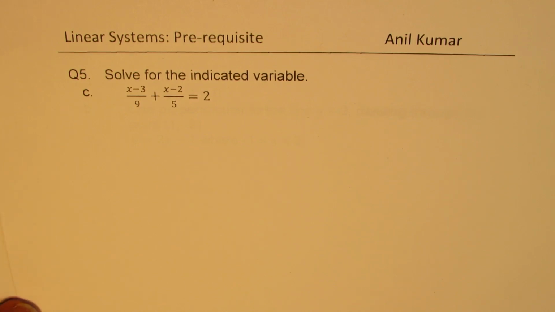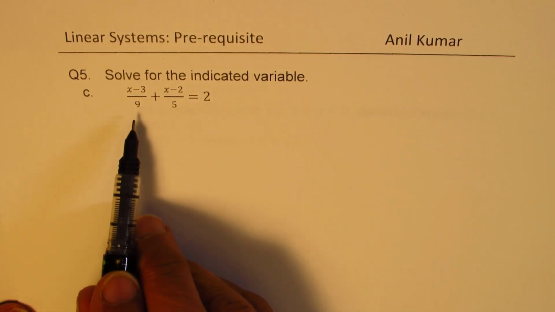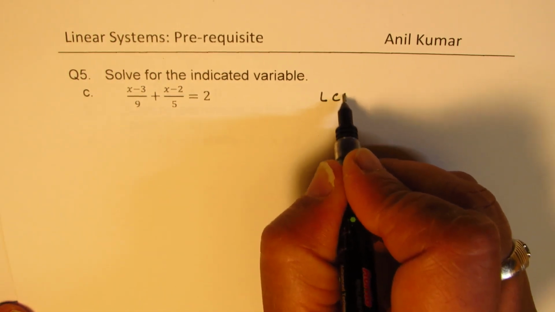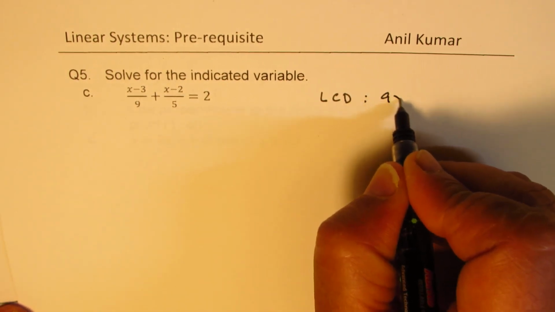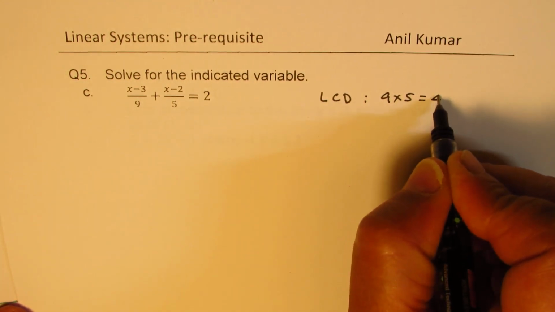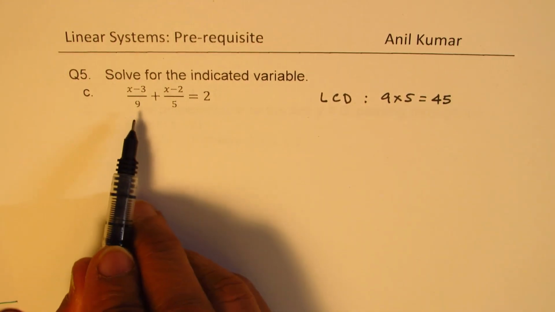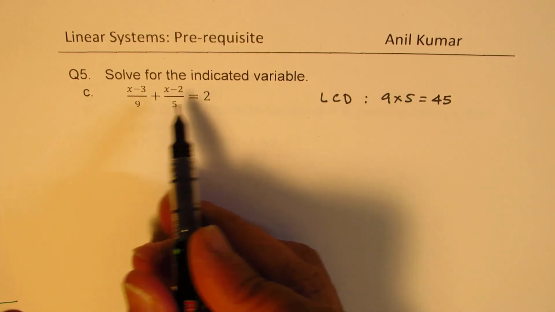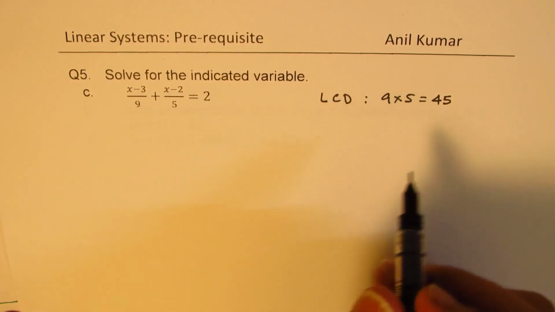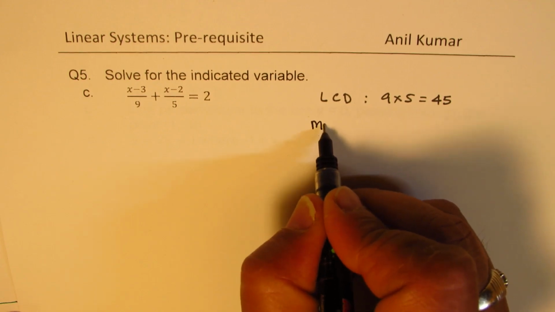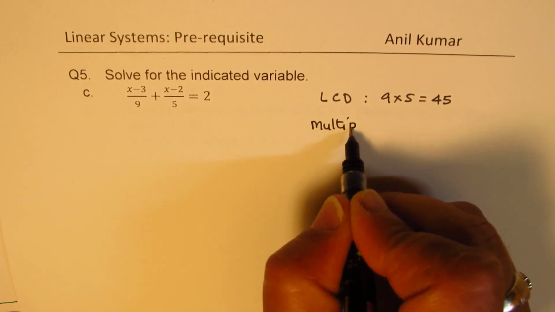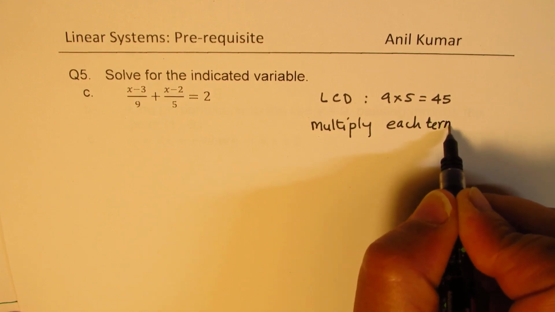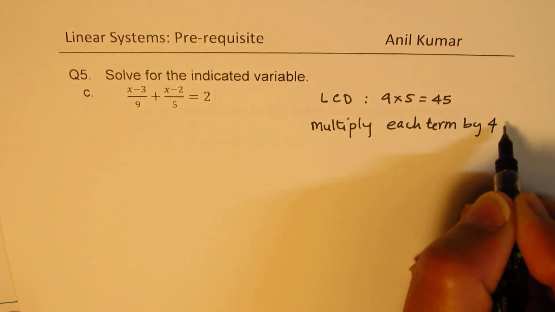Part C again involves fractions, 9 and 5. So in this particular case, the lowest common denominator is 9 times 5, which is 45, correct? So we can multiply every term by 45.